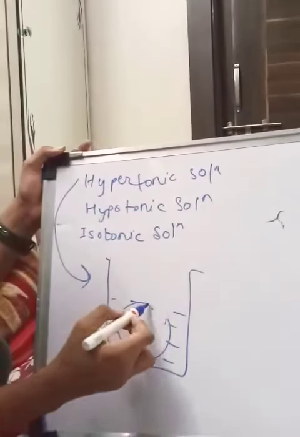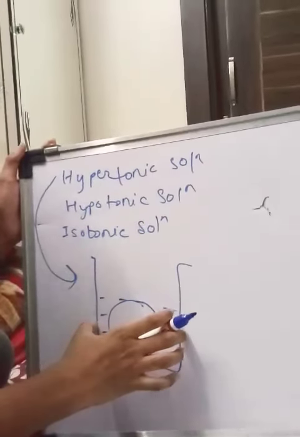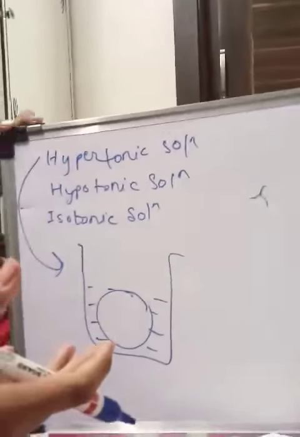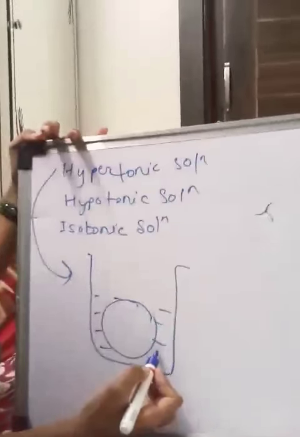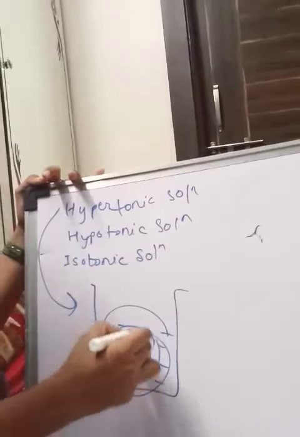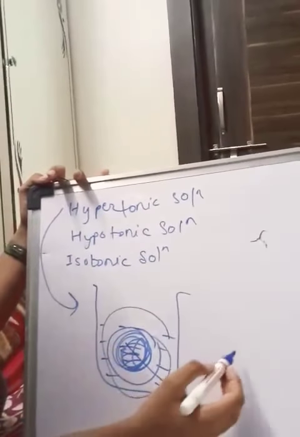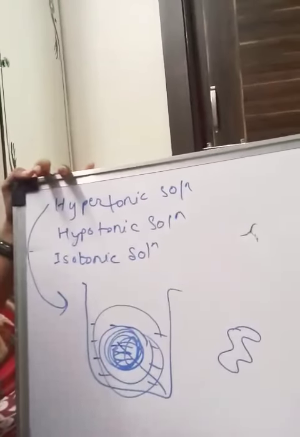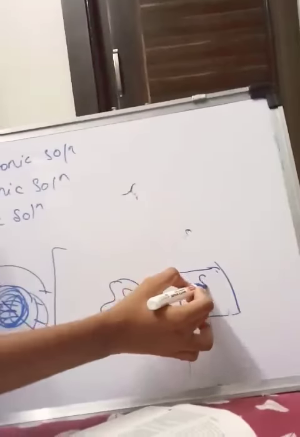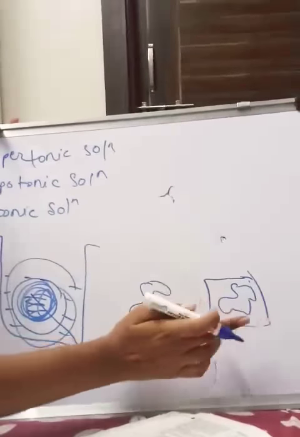The water outside the cell has a lower concentration than the inside of the cytoplasm, meaning the water outside is low as compared to the cell. So the water inside the cell will move outside, and the cell will shrink. In the case of a plant cell, the cell wall will not shrink, only the inside part will shrink. This is known as plasmolysis.